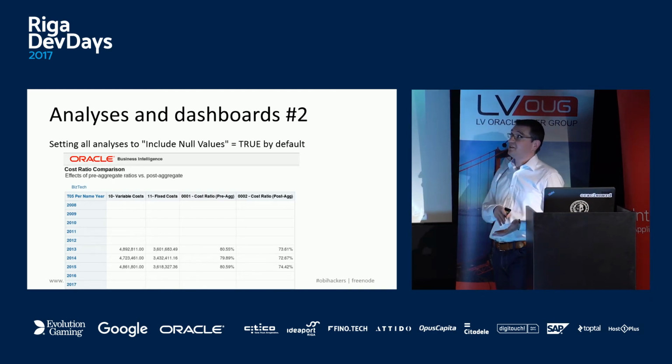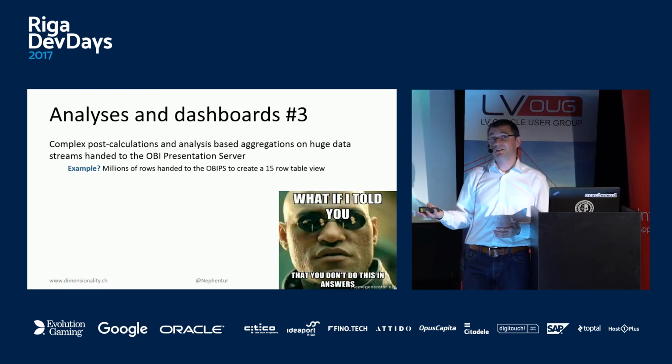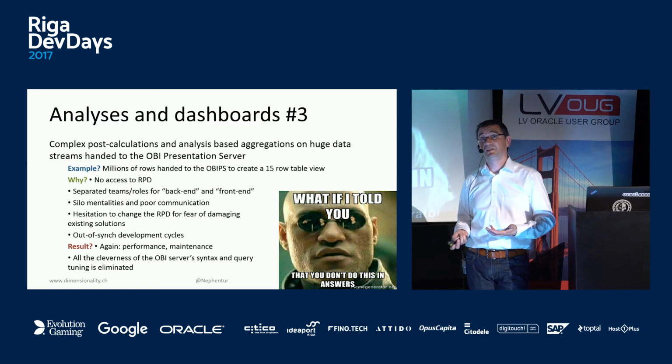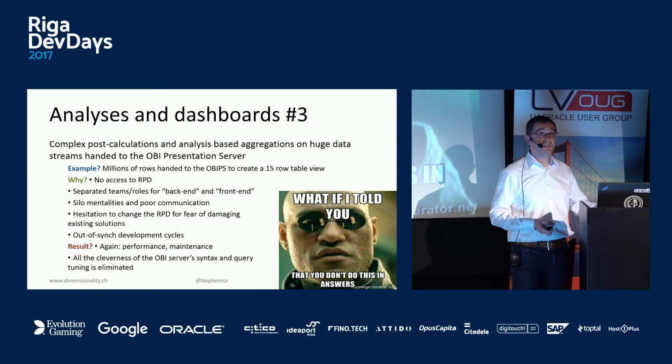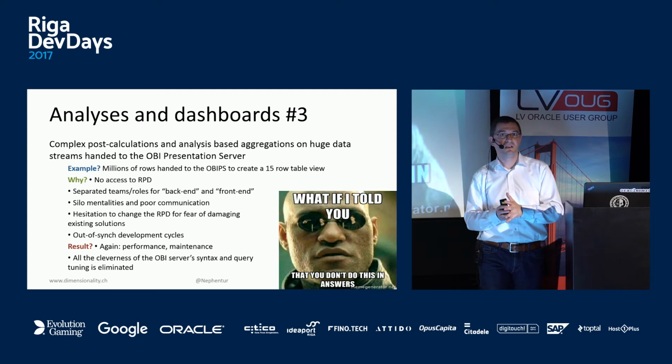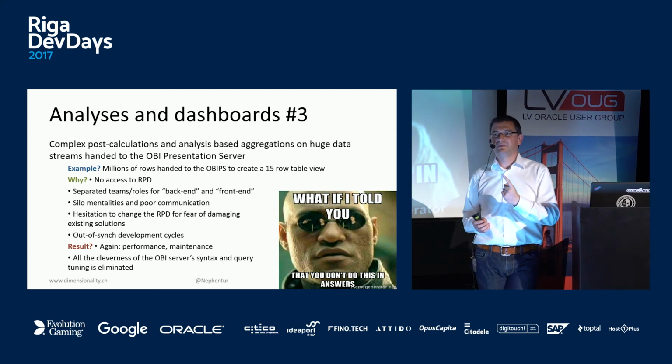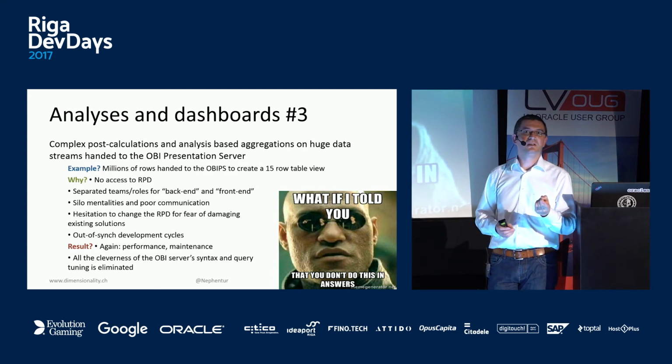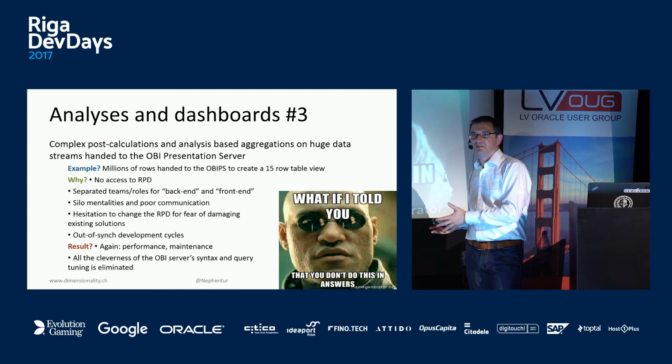Special case of what I said in the RPD, you can actually do all these post calculations in the front end as well. But as I said for so many other things, if you can push the logic to a single place where it happens, namely the repository, don't do it in the front end.